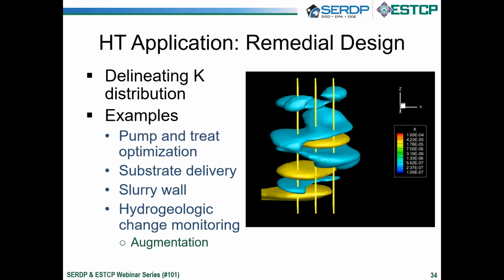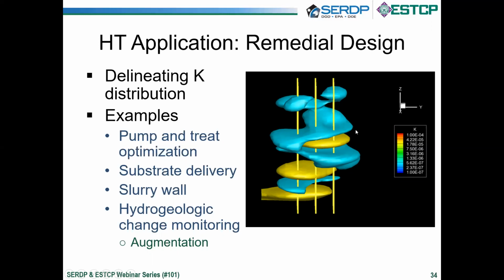And next, I'm going to talk about how the information from hydraulic tomography can be used to design remediation and also develop strategy. For example, the hydraulic tomography result gives you the 3-dimensional distribution of hydraulic conductivity. Then you can isolate or look at where the high hydraulic conductivity zones are located.